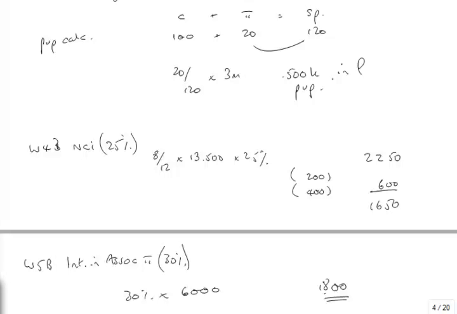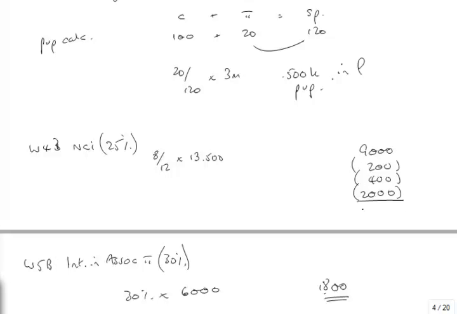Oh dear, I'm going round and round in circles. Of this amount, how much relates to the members of the subsidiary company? Depreciation, the share of the impairment. Oh, I can't charge them with that. 9,000 minus the 200 minus the 400 minus the goodwill impairment in full gives me 6,004, and their share of 6,004 is 1,600.